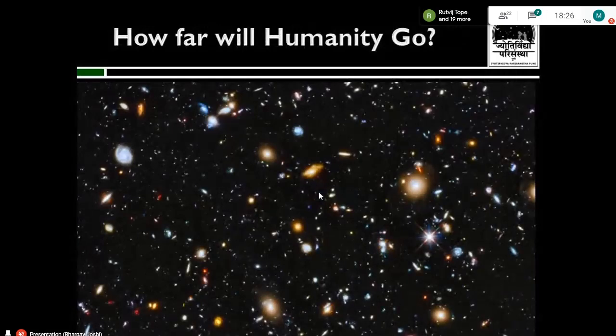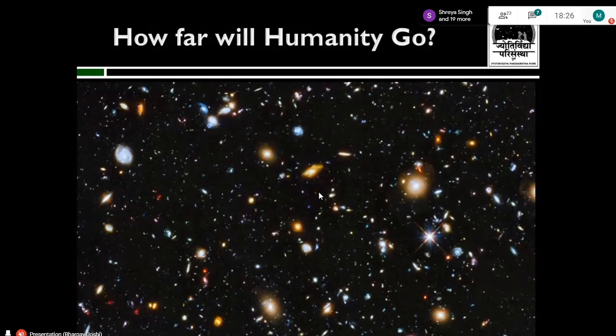If you're looking at the image in front of you, this image is called the Hubble Ultra Deep Field. This image was taken by the Hubble Space Telescope. Now the specialty of this image is, imagine you're holding out your thumb towards the sky. Not even your thumb, your little finger towards the sky.